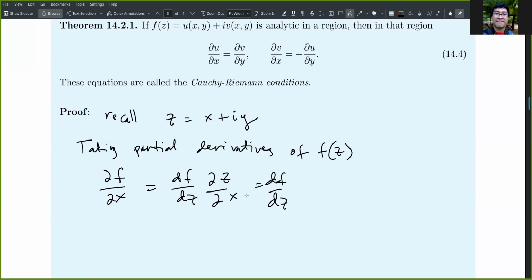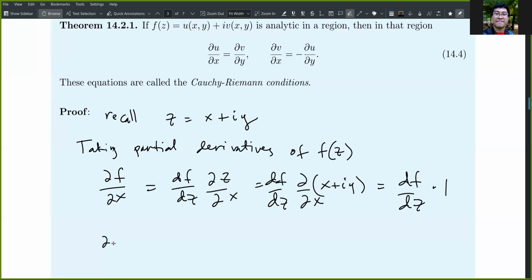Now, partial z with respect to x is 1, so you have df by dz times 1.